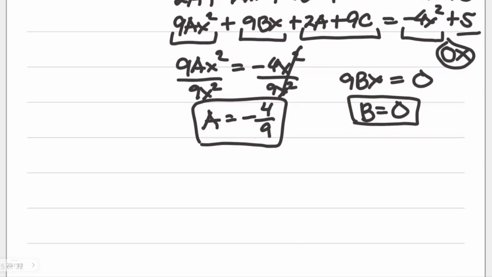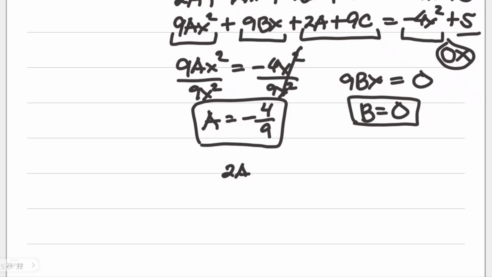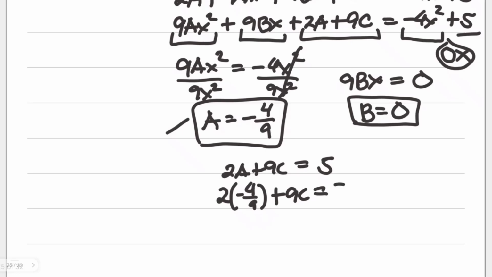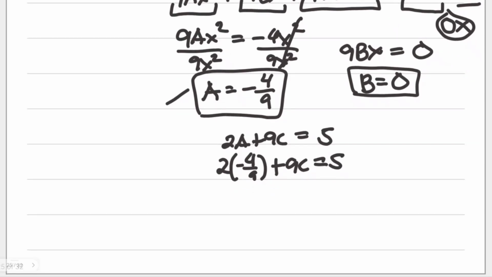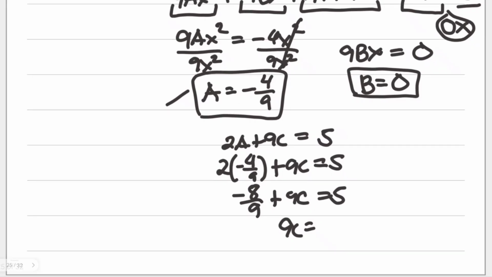Then, let's move to our last: 2a plus 9c must be equal to 5. Since we already have this a here, simply substitute that. 2 times minus 4 over 9 plus 9c is equal to 5. So this is minus 8 over 9 plus 9c is equal to 5. 9c is 5 plus 8 over 9.